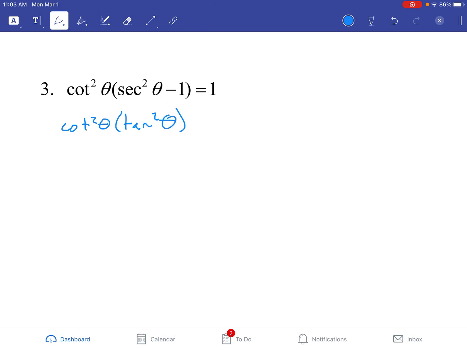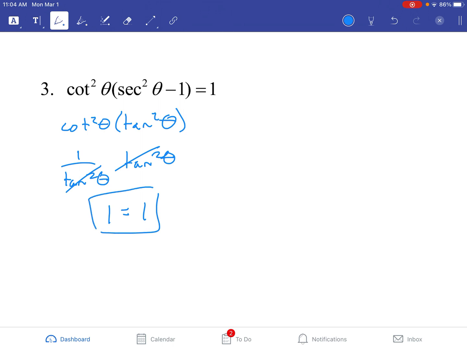Now, normally we said you don't use the reciprocal identities where tangent is equal to 1 over cotangent and cotangent equal to 1 over tangent. You'd usually put them in terms of sine and cosine. But this is an exception because they're already in terms of tangent and cotangent for both of them. So it only makes sense to change one of them into the other. So we're going to change cotangent squared into 1 over tangent squared, times tangent squared, which they both cancel out, which gives you 1, which equals 1. And you're done.